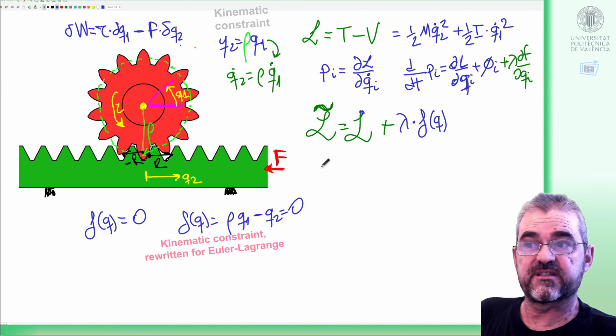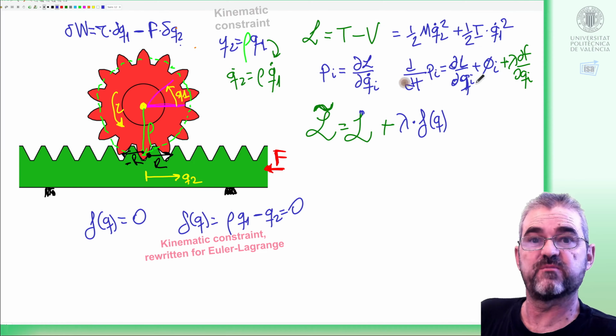Now I need to express these things twice, not just once, as we did before when just eliminating one of the coordinates.